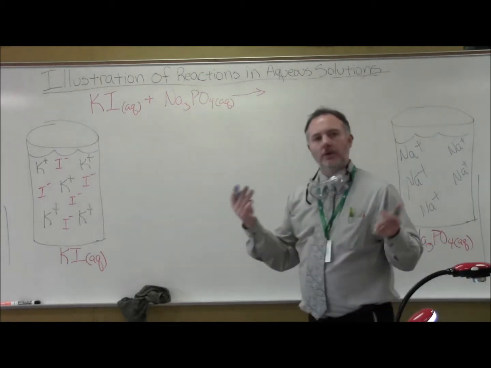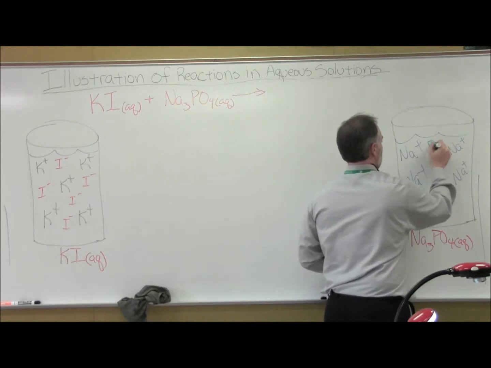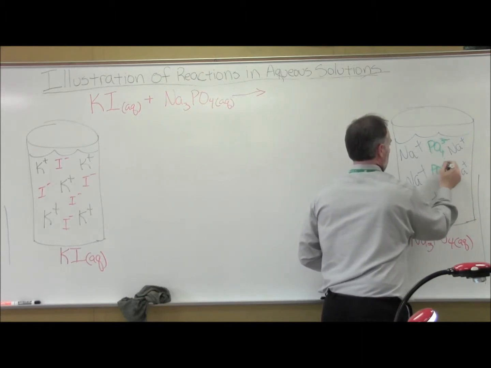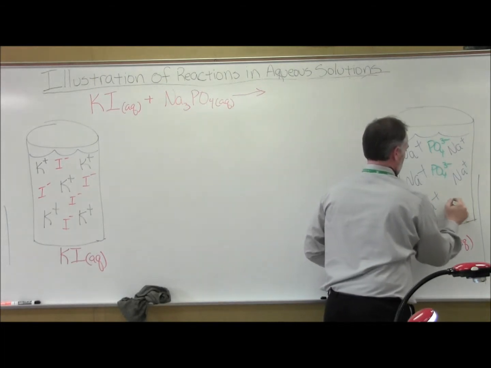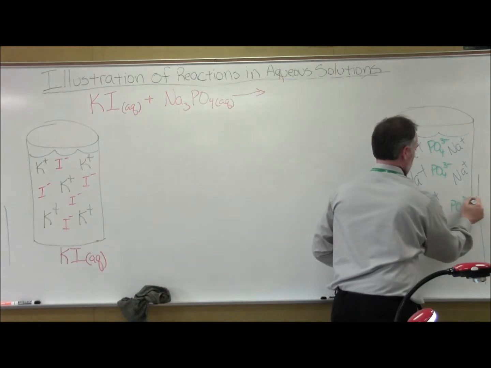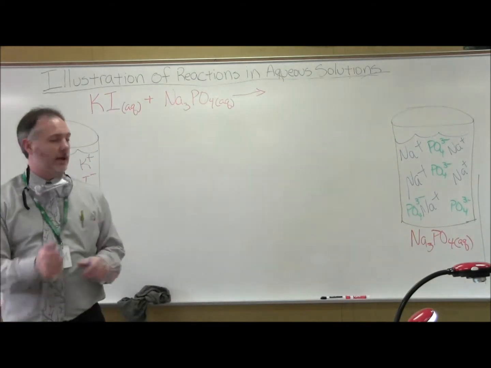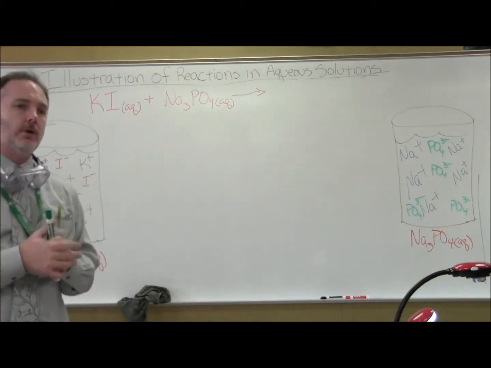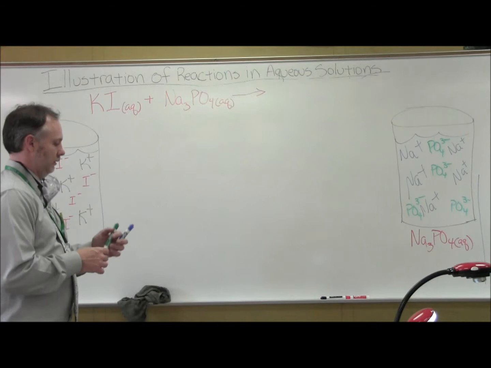We're going to have sodium, we're going to have phosphate, and it's all broke apart. So a bunch of sodium ions and a bunch of phosphate ions are there dissolved in our solution.